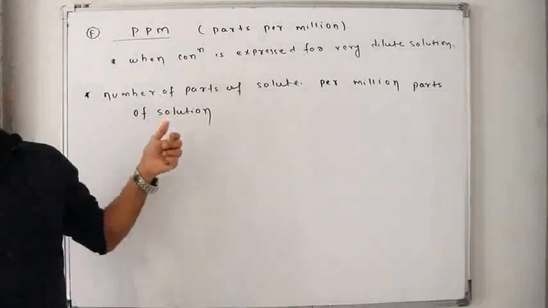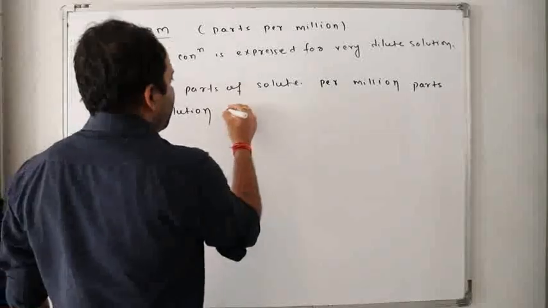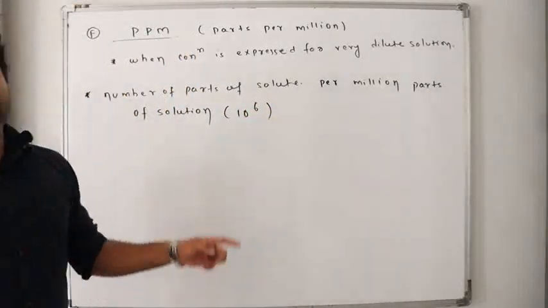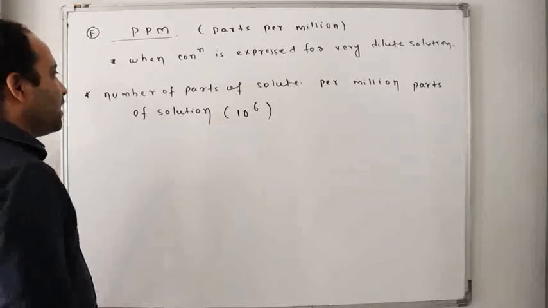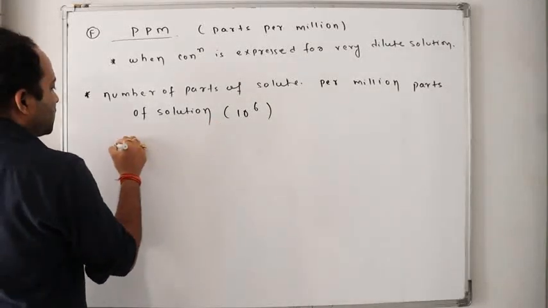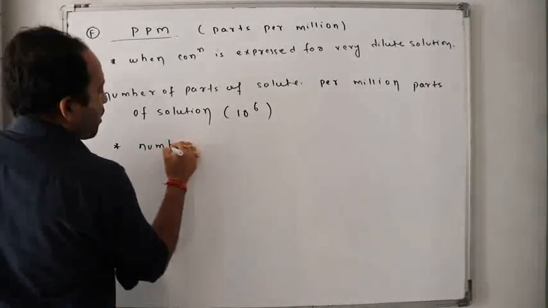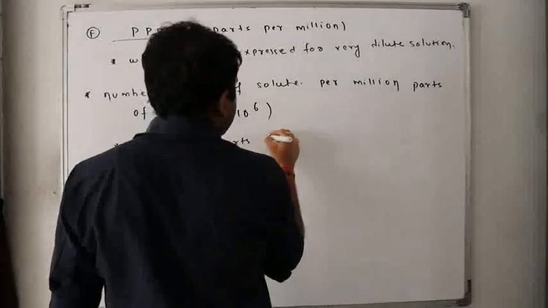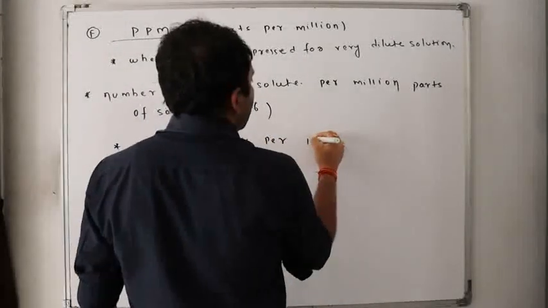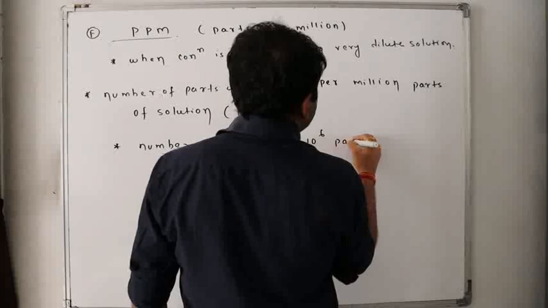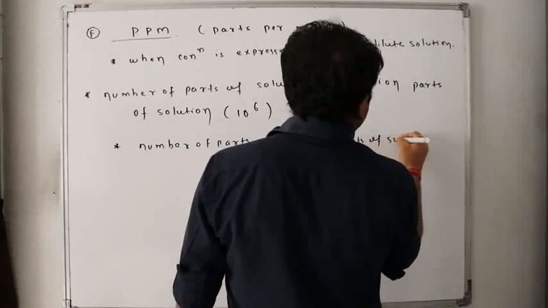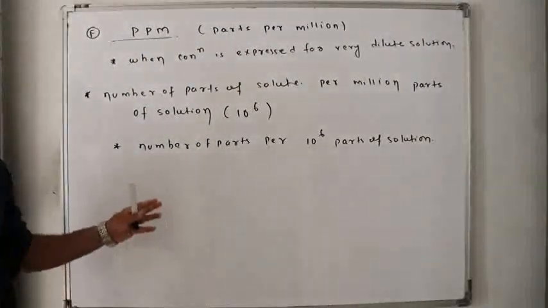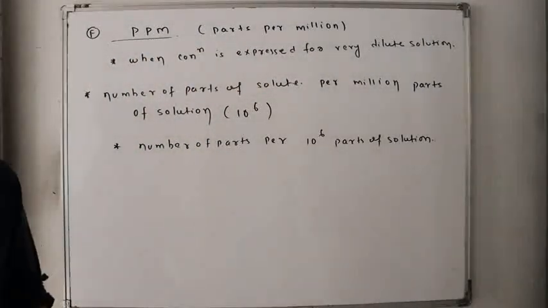What do you mean by this million parts of solution? Million parts means 10 to the 6 parts. So I can say number of parts of solute per 10 to the 6 parts of solution. Okay, this is called ppm. Now let me understand what is ppm.